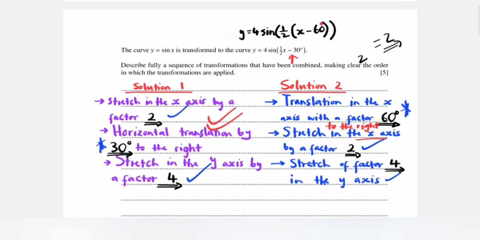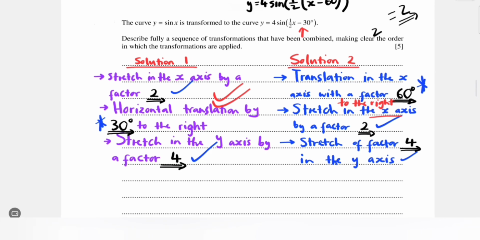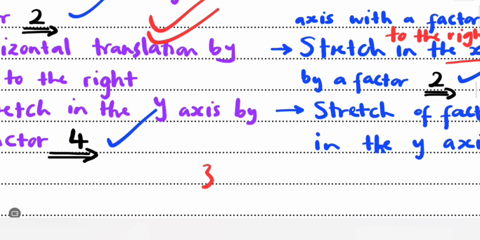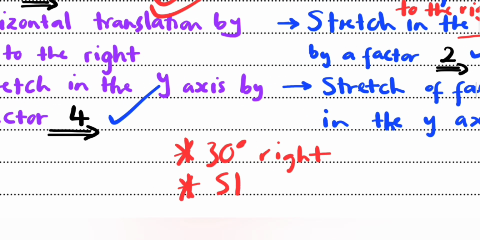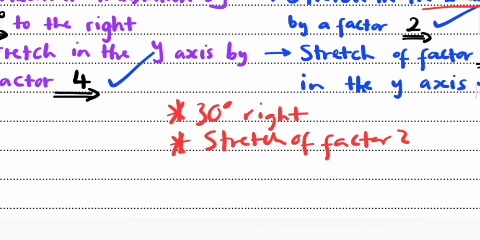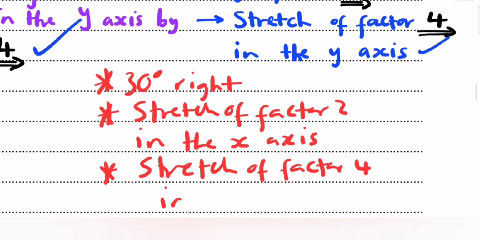And I also think that you can go on from here without factoring and say there's been a horizontal translation of 30 degrees to the right, and a stretch of factor 2 in the x-axis, and lastly a stretch of factor 4 in the y-axis.